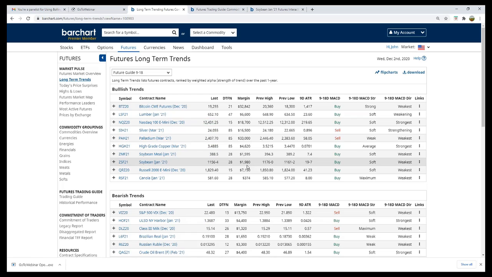All right. Previous high and low, why do I put those in here? Well, I'm going to look and see what my last price is versus my previous high and low, and then see if my trend is continuing. For instance, you can see here that for yesterday's previous high and low for lumber, the high was 648.90, and today the last is 652.